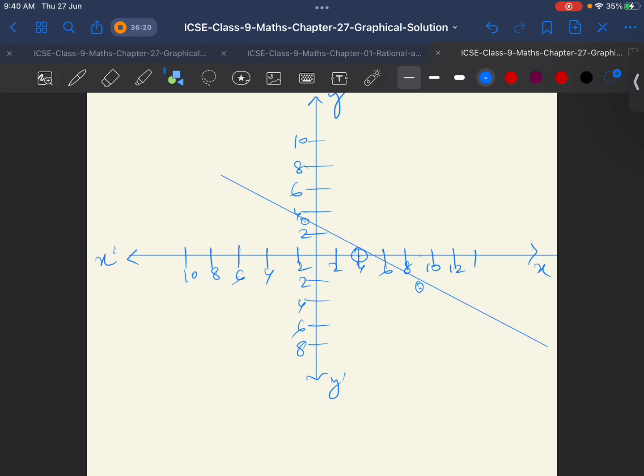Okay, so this is the required line. We draw this line.